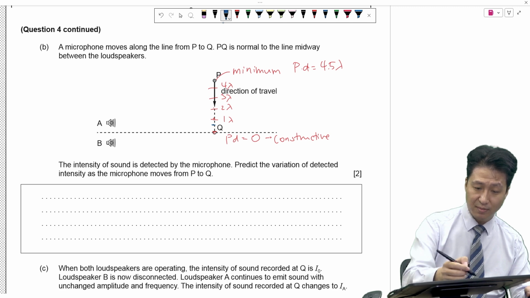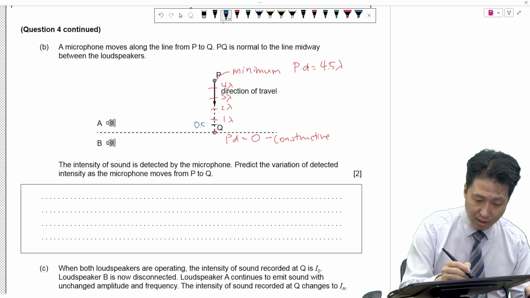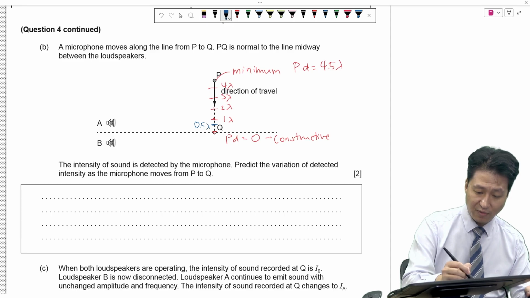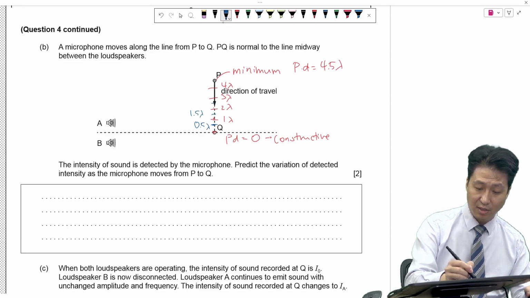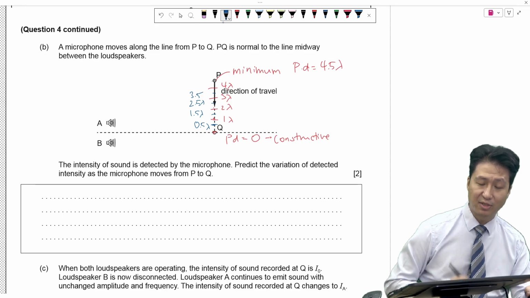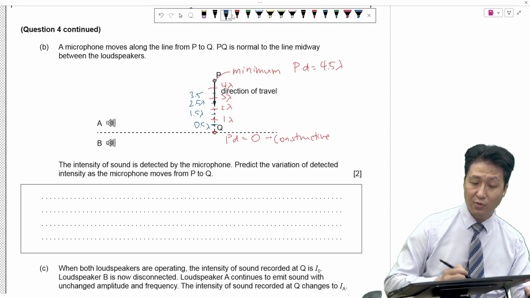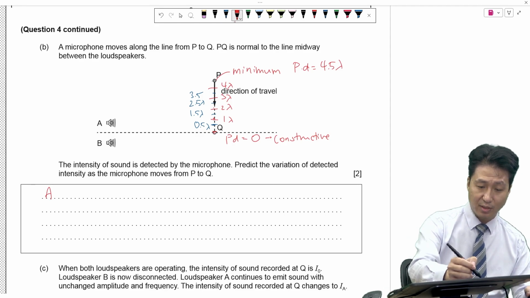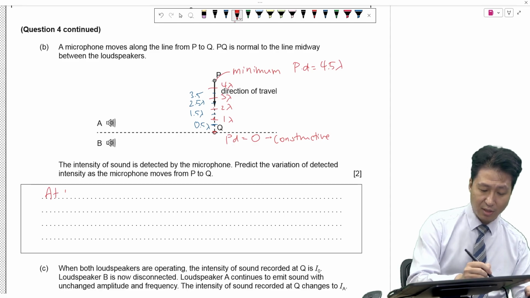And halfway between them, let's put this in blue or green, this would be 0.5 wavelengths, destructive, 1.5 wavelengths, destructive, 2.5 wavelengths, 3.5, and then 4.5 is up there. So as you move from P to Q, you start at P. It's a minimum intensity.